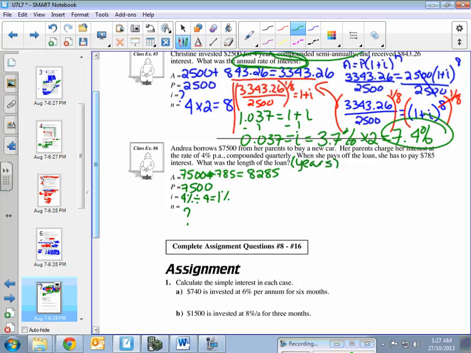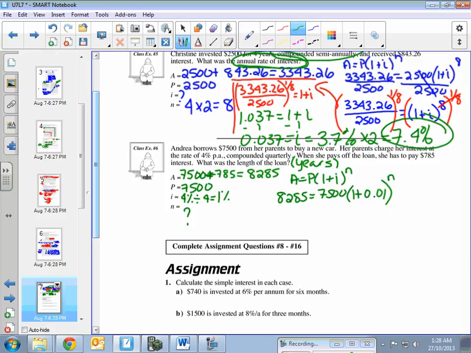So same idea as the last one, okay? So let's just put this into our initial equation. We have A equals P times (1 plus i) to the n. Our A is 8285. Our P is 7500. 1 plus our i is 1%, which would be written as 0.01, all to the exponent n.